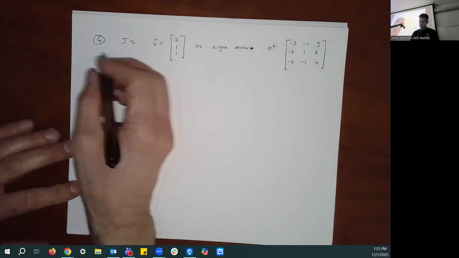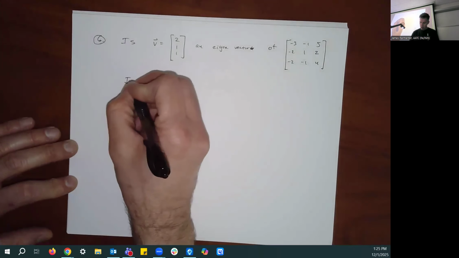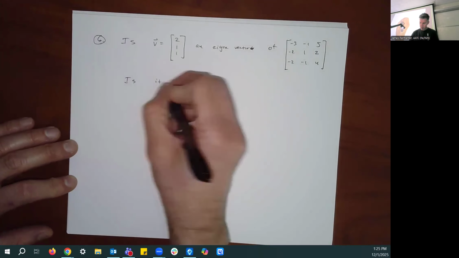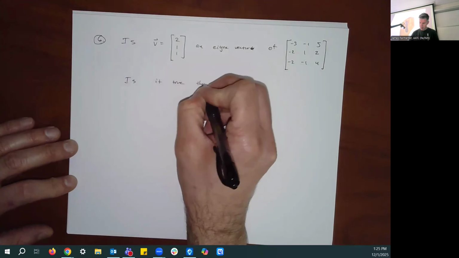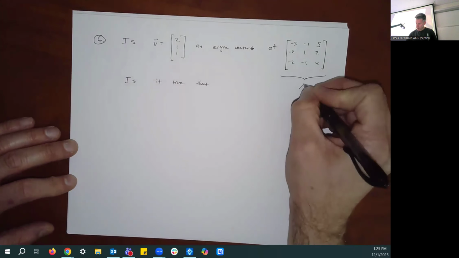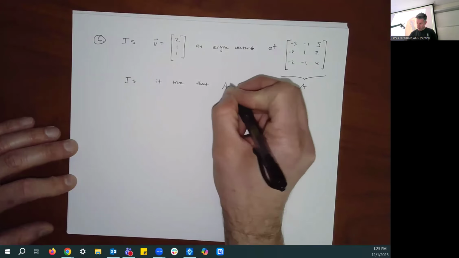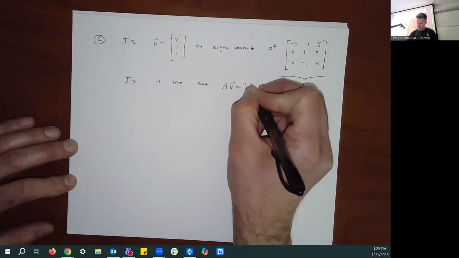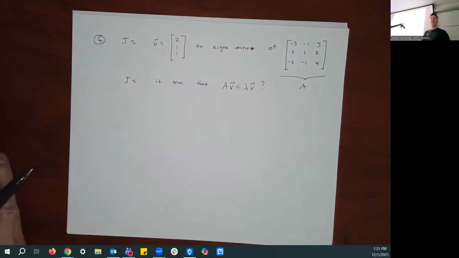So the question we're really asking is, let's call this matrix A, is it true that A times our vector is equal to a multiple of our vector? So all we're going to do is multiply our matrix by our vector and see if we end up getting a vector that happens to be a multiple of it.